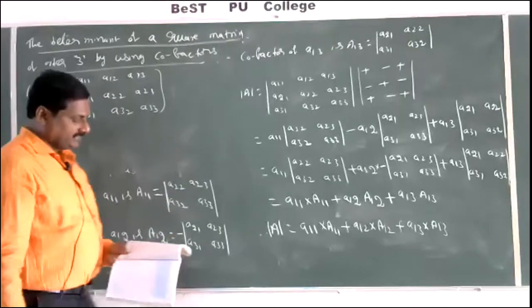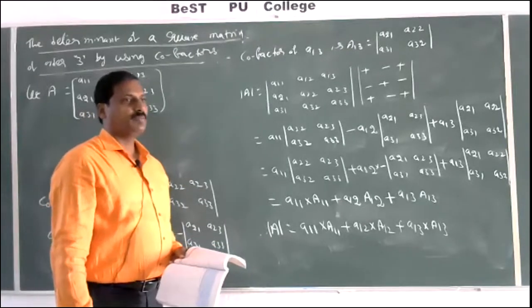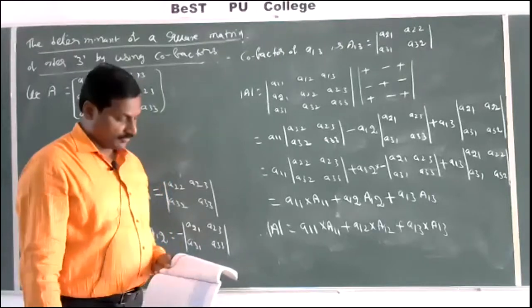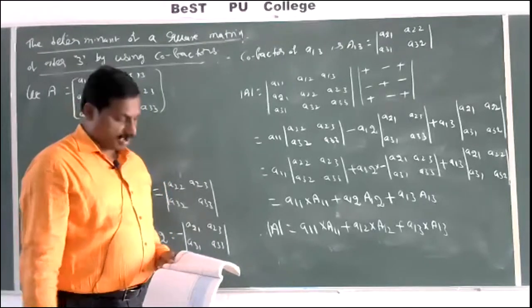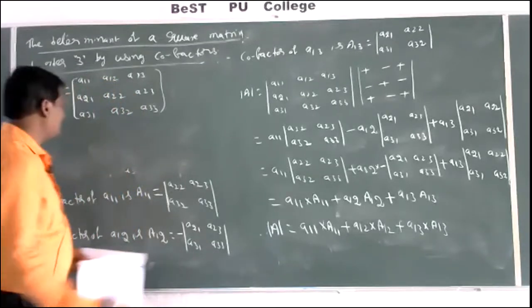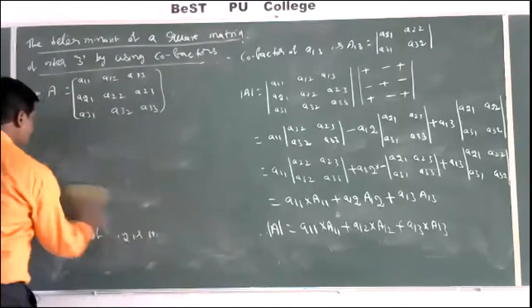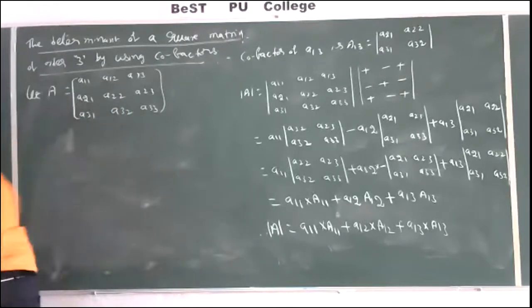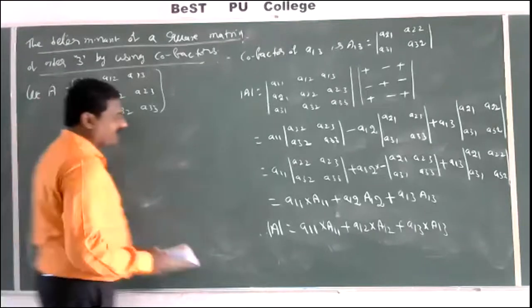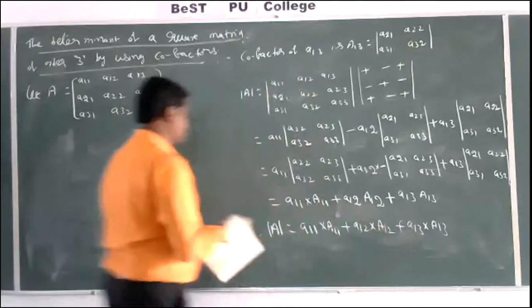Here we have already taken the first row with the first row cofactors.